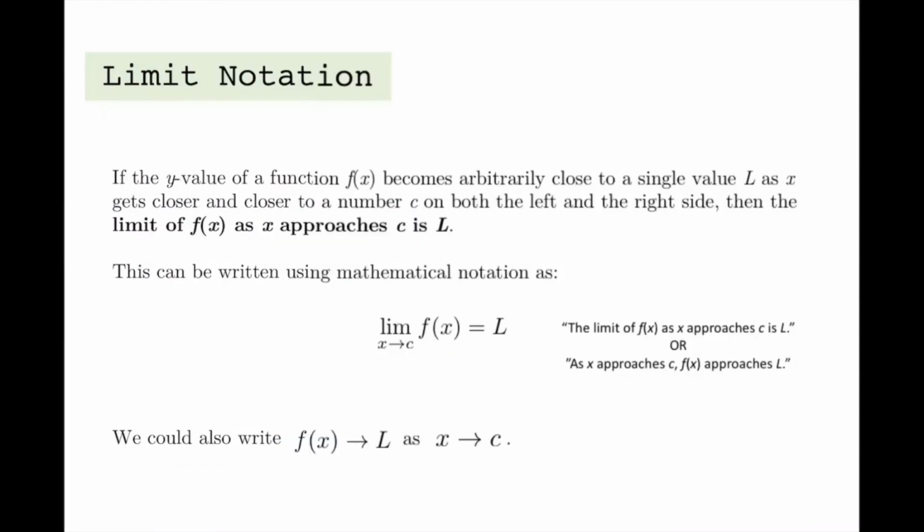So generalizing this to any x value, not just 1, and any function, if we have a situation where the y value of a function, f of x, becomes arbitrarily close to a single value L as x gets closer and closer to a number c, on both the left and the right-hand side, then what we say is the limit of f of x as x approaches c is L. So we have to understand what this means.